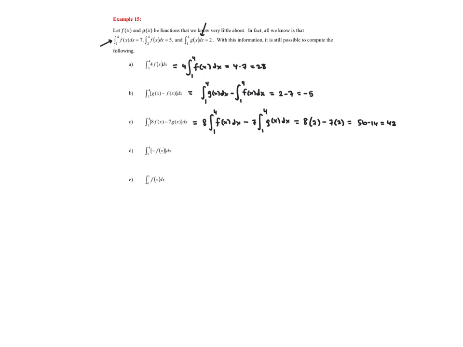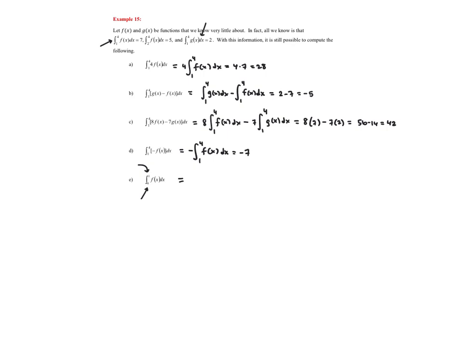Okay, part D. The integral from 1 to 4 of negative f of x, that's going to be equivalent to the integral from 1 to 4 of f of x times -1, which will be -7. Okay, now if we were to have situation E here, this is kind of interesting. The limits are flipped, so we go from 4 to 1.